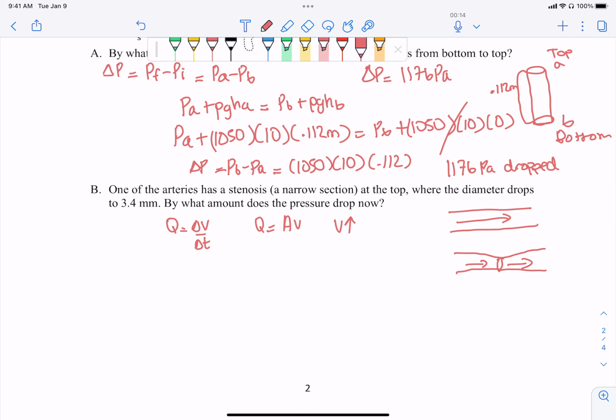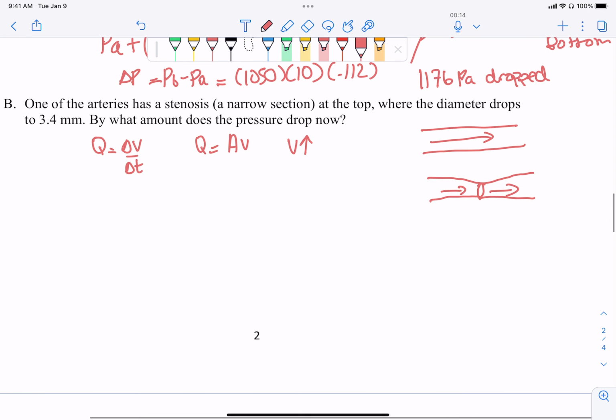Basically the idea is that if you're in a higher pressure area, I think your speed will go down, but in a lower pressure area, your speed will be greater.